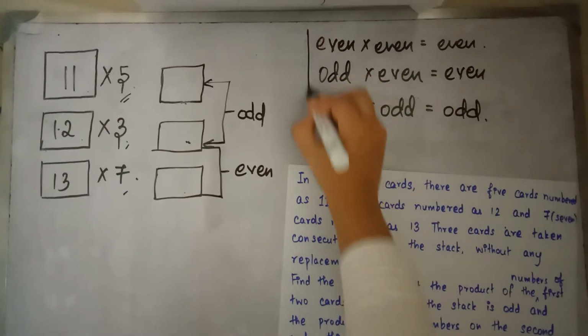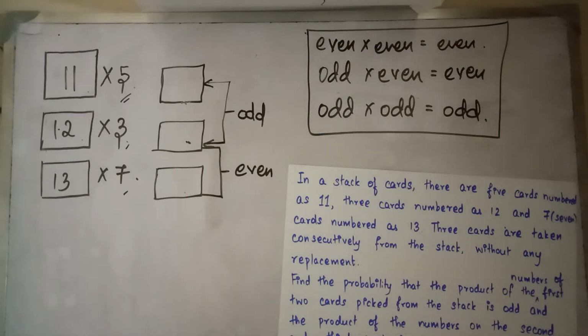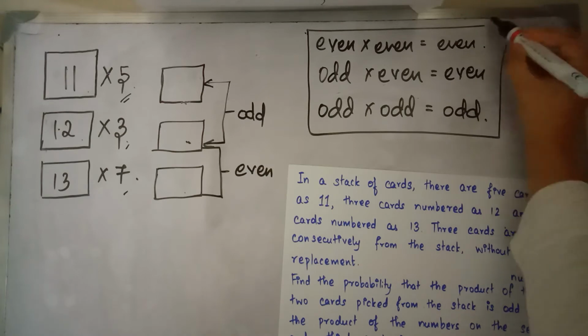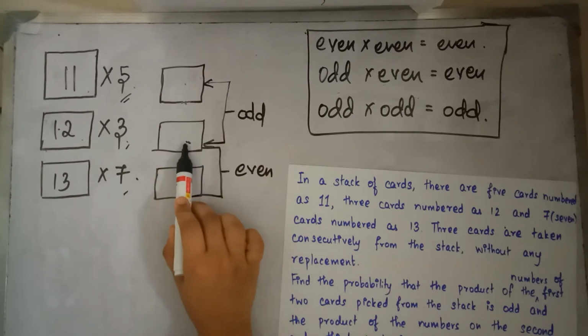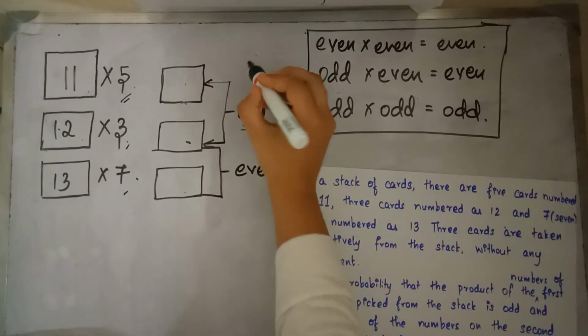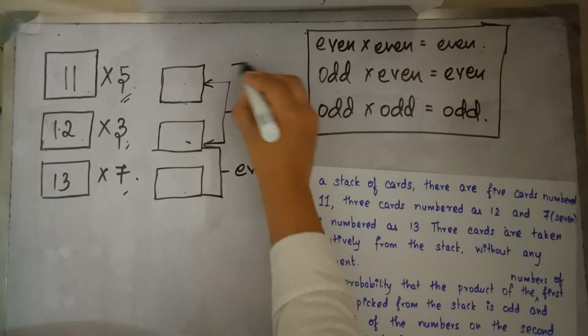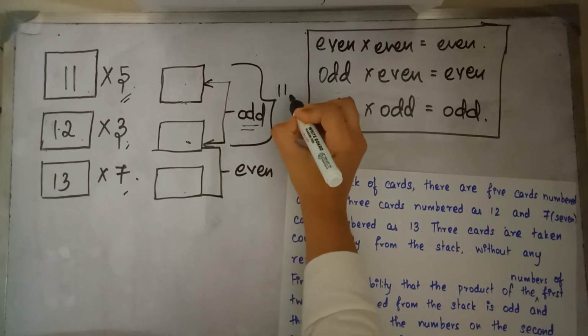Okay, so this is something that you have to remember not only for this problem, but for any aptitude problem on numbers. Now that we have this, let's look at the options that we have. The first 2 cards' product has to be odd. So for these 2 cards, we can have 11 and then 13.